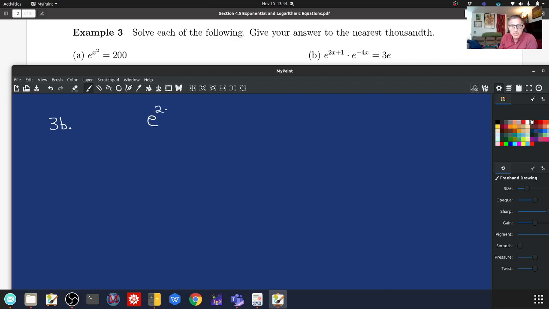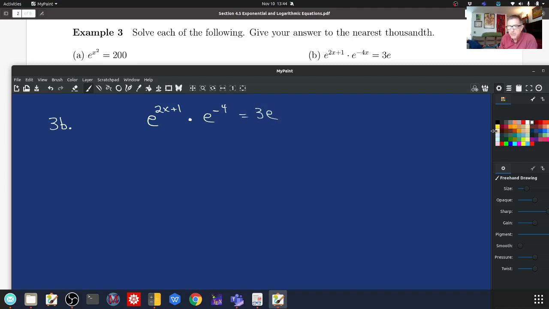E is raised to a polynomial power. 2x plus 1 is my exponent. Now this is multiplication here, times e to the minus 4 power is equal to 3e.